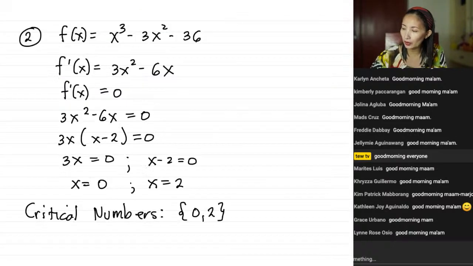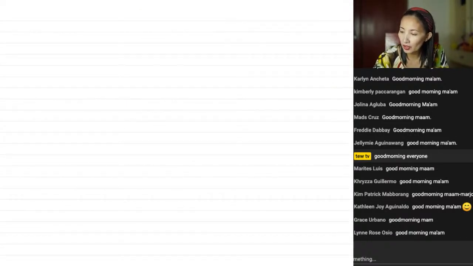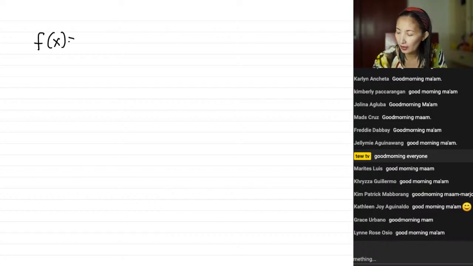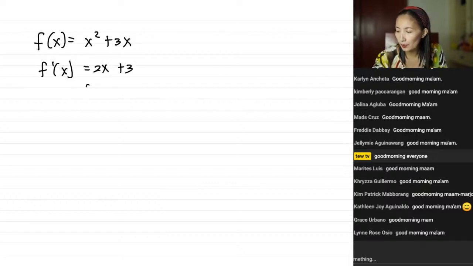The function is f of x equals x squared plus 3x. f prime of x is 2x plus 3. 2x plus 3 equals 0, x is equal to negative 3/2.